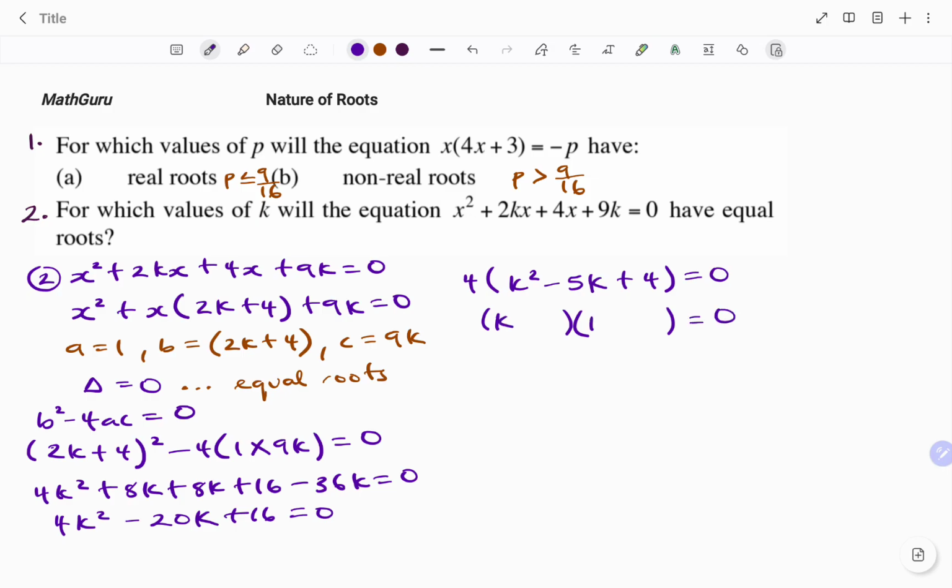I have k multiplying k, then I have negative 4, negative 1. So, equating the two brackets to 0, I have k minus 4 equals 0, or k minus 1 equals 0. So the values of k that will make that equation have equal roots are k equals 4, or k equals positive 1.